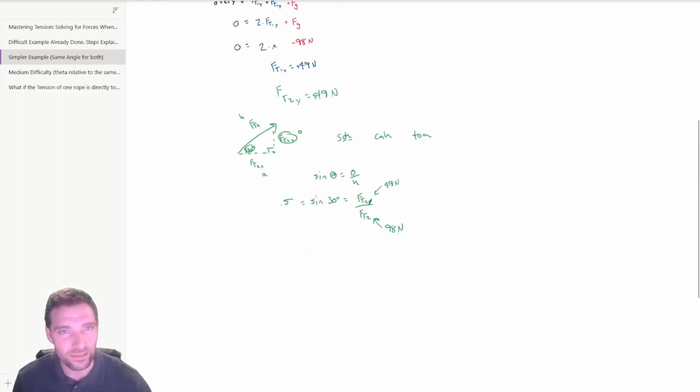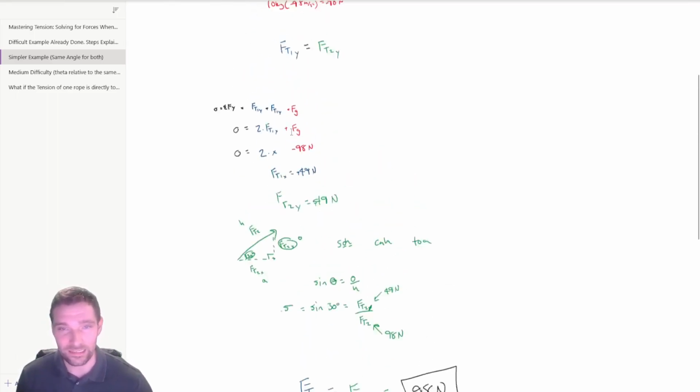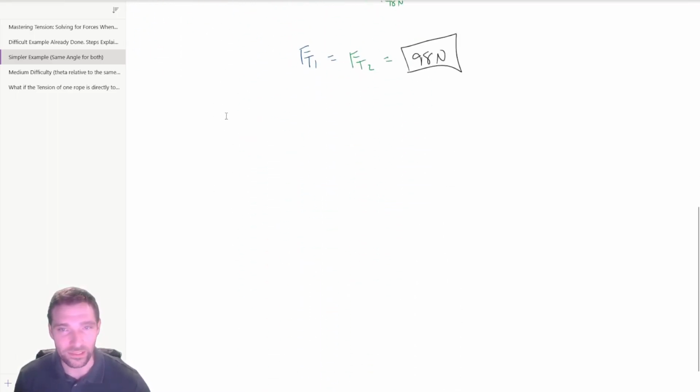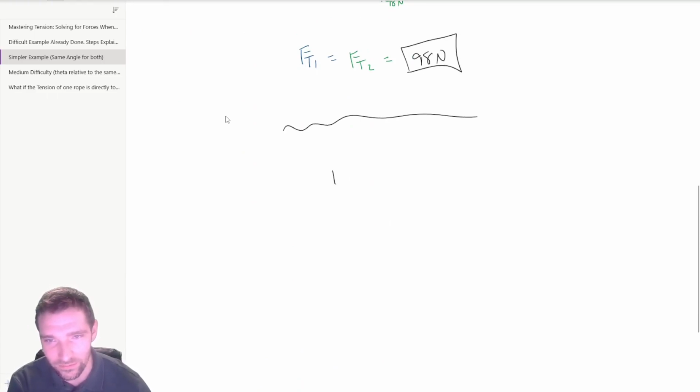So I know that the FT1 is equal to this FT2 in this context, so they're both going to be 98 newtons. Again, that's kind of nice if this was 30 degrees. If this was slightly different, let's just talk really quickly about if this was at a 45-degree angle.